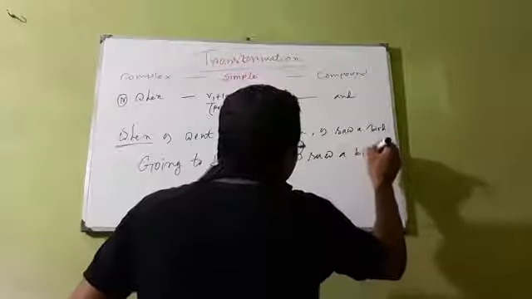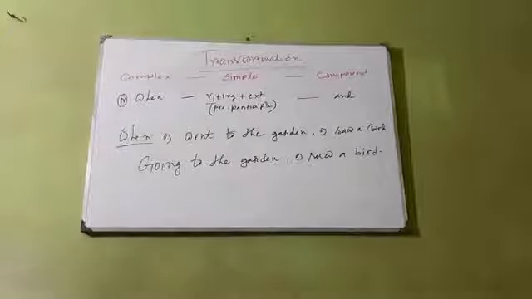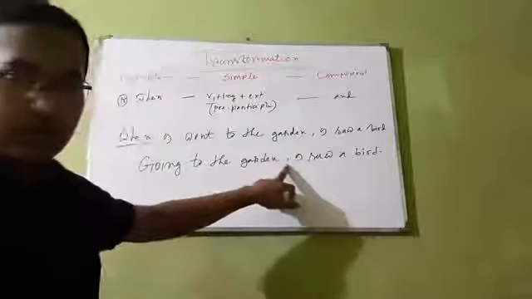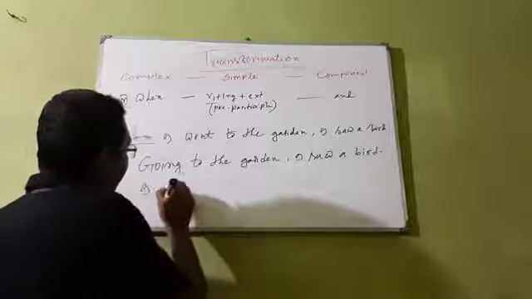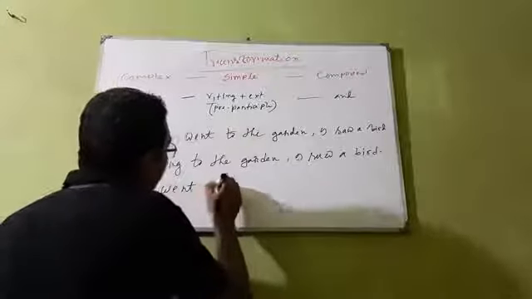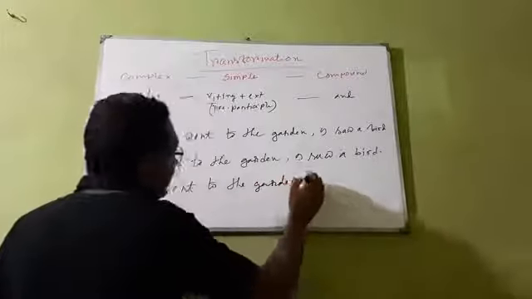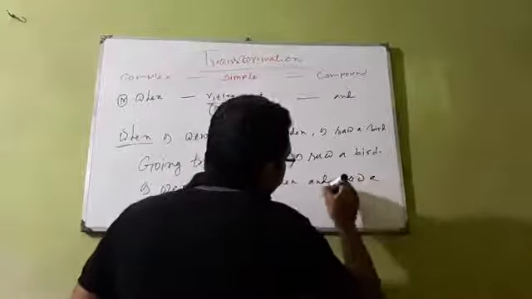Now, if we are told to make the sentence into compound, we have to use the conjunction and in the middle part of the sentence. Okay, write it down. I went to the garden and saw a bird.